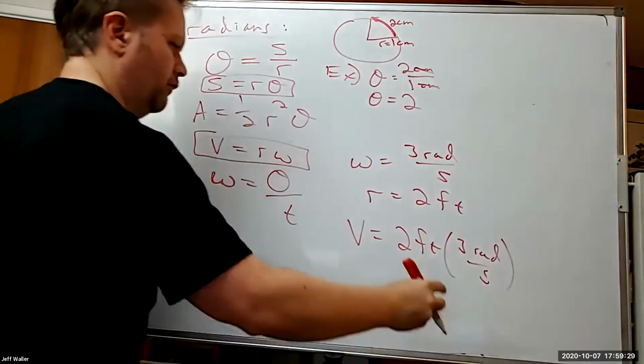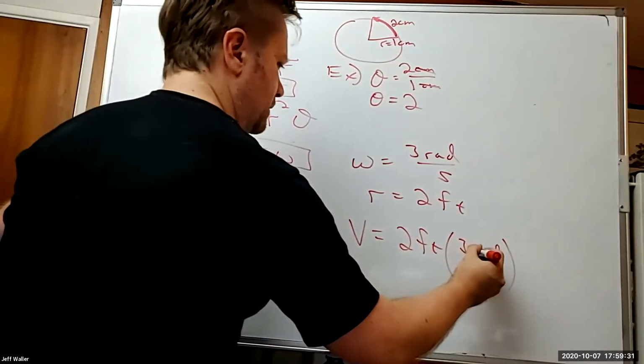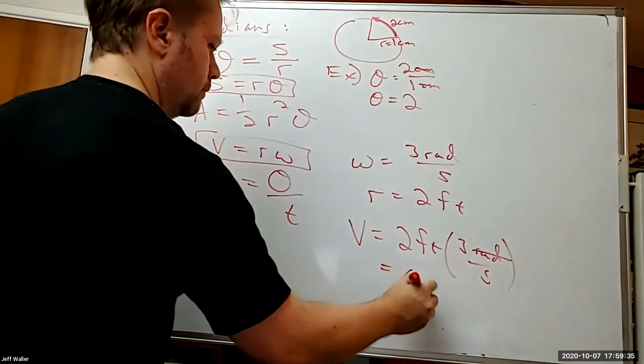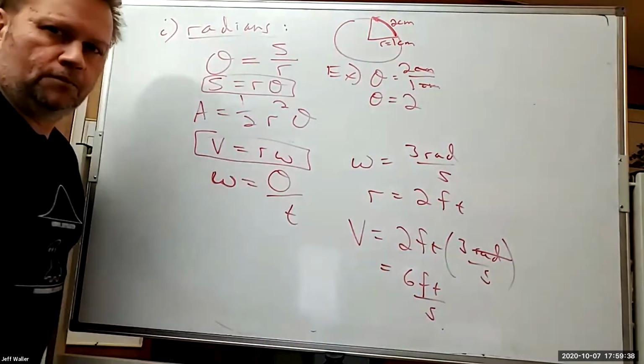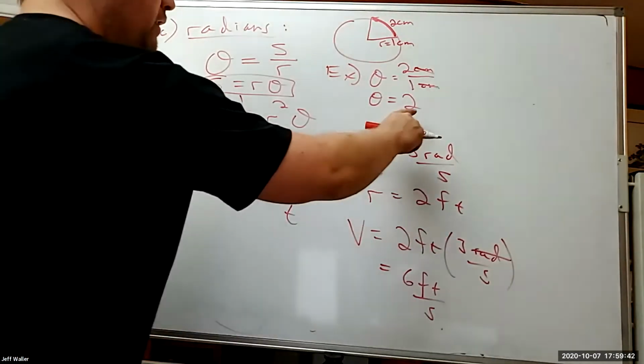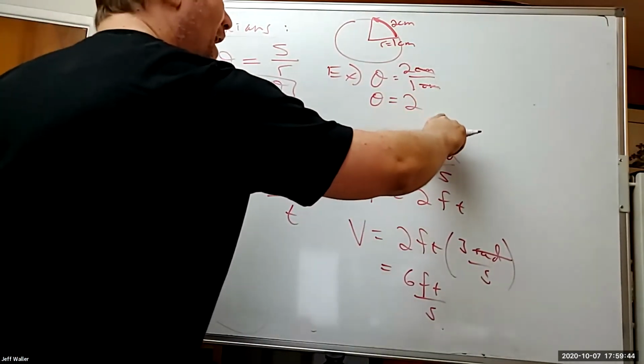That looks really weird, foot radians per second, but I told you this guy just gets out of the way. 6 feet per second. Okay. And it is because this really does mean 2 radii.